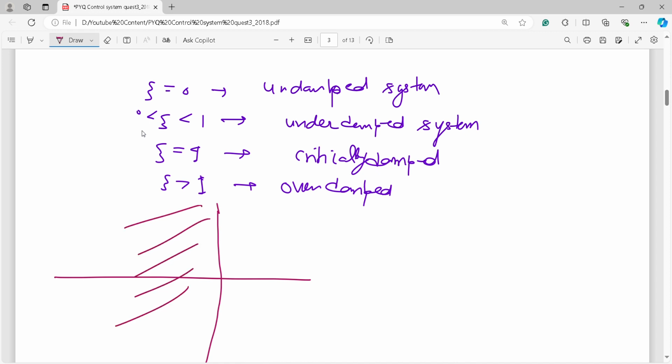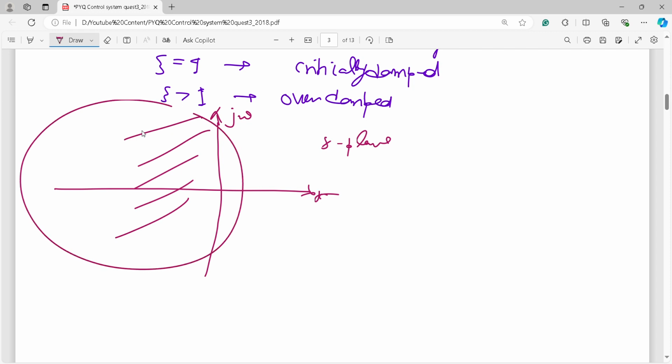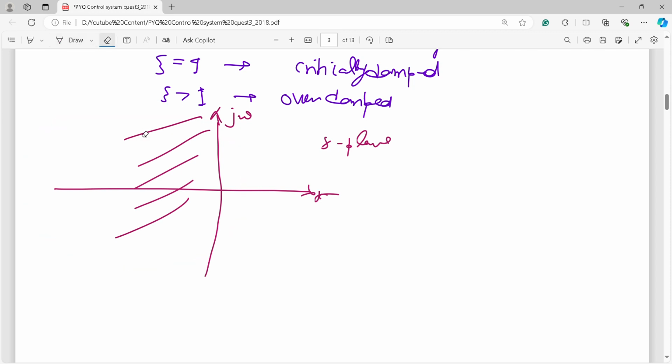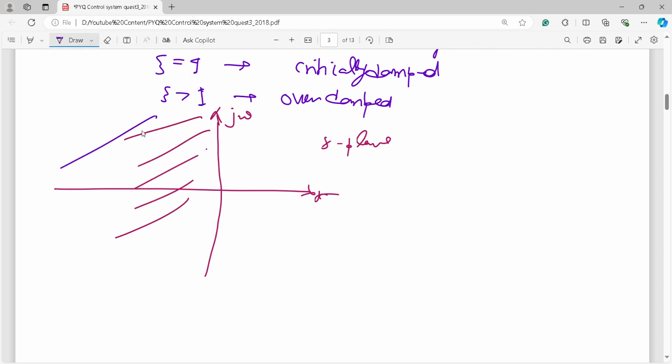This is my j omega axis, this is my sigma, the real part. This is the S plane. In a stable system, all poles should lie in the left half of the S plane.